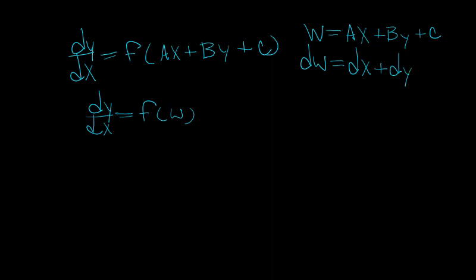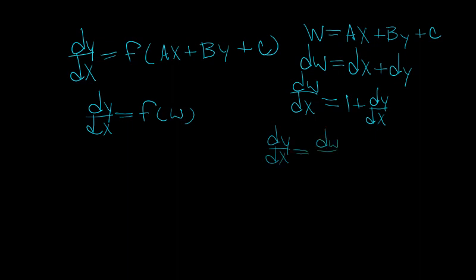So now if we wanted to substitute for dy/dx, we could divide by dx and we would end up with dw/dx is equal to a plus b dy/dx. So now with that being said, dy/dx is equal to (dw/dx minus a) over b.